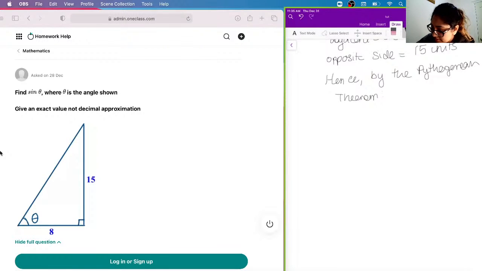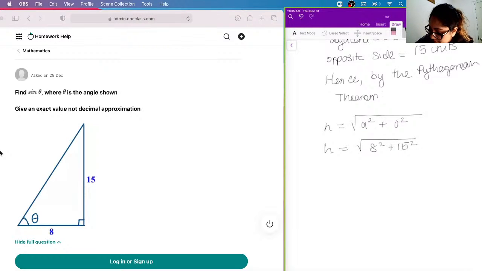I'm just gonna write hypotenuse as h equals the square root of your two sides. So I'm just gonna say a squared for adjacent plus o squared for your opposite. And so we're given the values for both sides, which is 8 squared plus 15 squared, right?